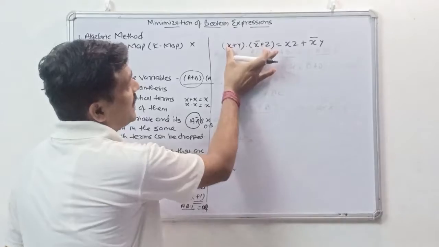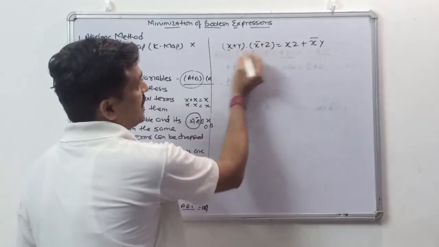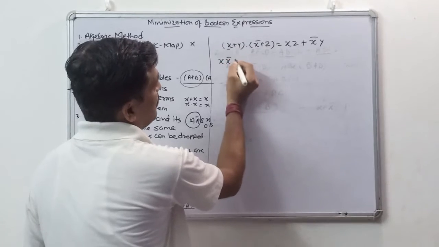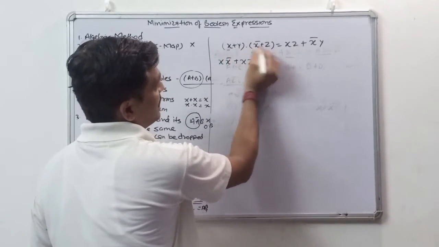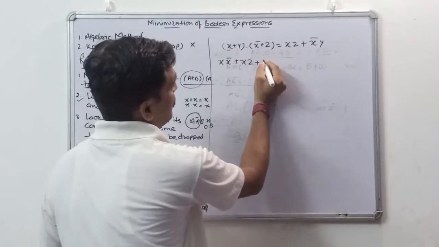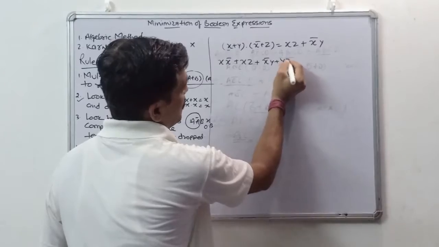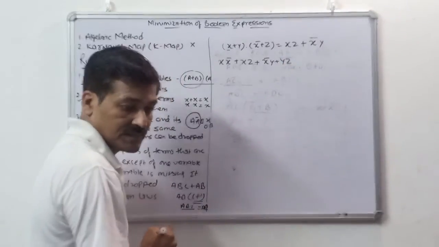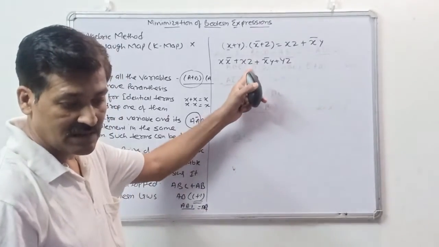Now, look here, parentheses are given, so multiply both the terms. x is multiplied with it: x x bar plus xz plus x bar y plus yz. We are taking the LHS. This is the multiplication.